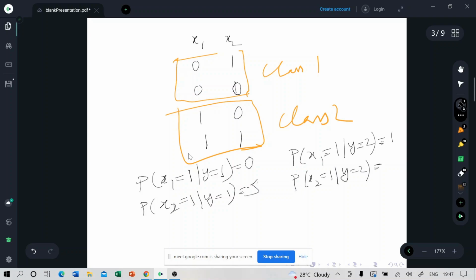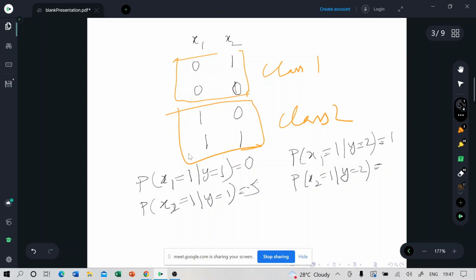Then how to solve this problem? It is solved in this way. For classification we don't need the exact probability. What we need is to be able to compare two or more probabilities, like probability of y1 given x, probability of y2 given x, up to probability of yk given x.